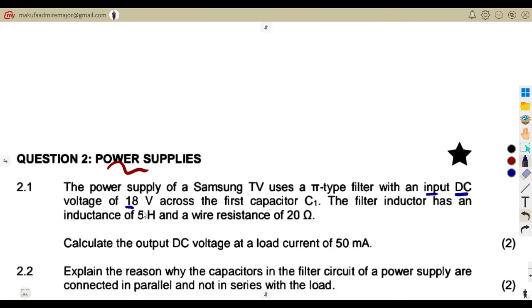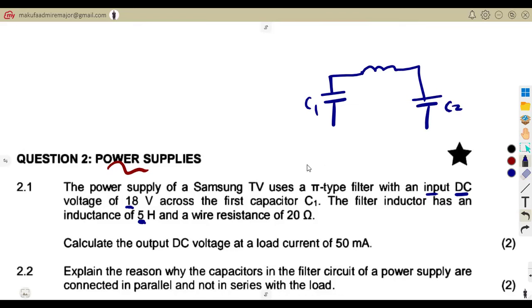So this is our input across the first capacitor. As we consider a pi filter, remember, you're going to have capacitor 1. So it depends, is it an RC or is it an LC? Here we are given that it has an inductor, meaning we are considering an LC, meaning there are 2 capacitors there, capacitor 1 and also capacitor 2.